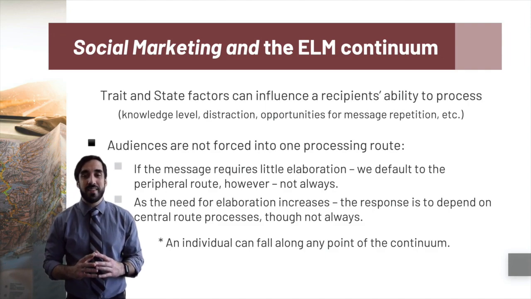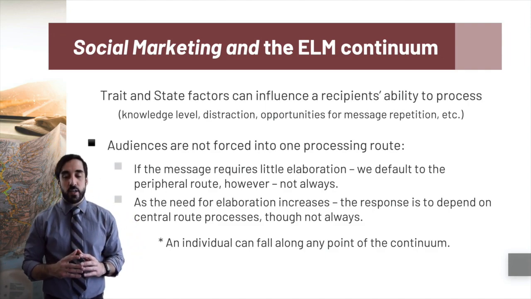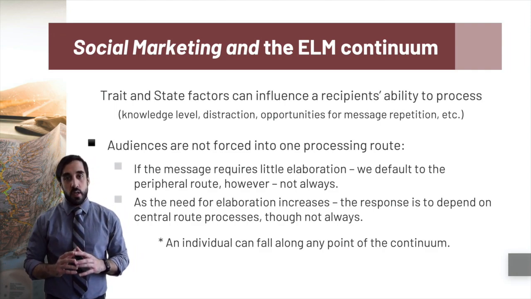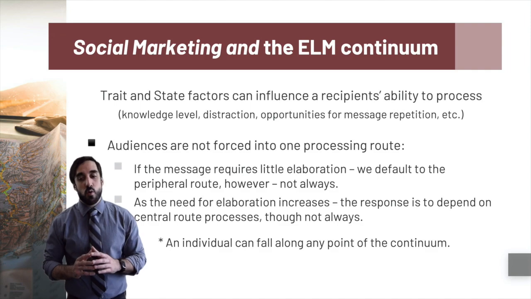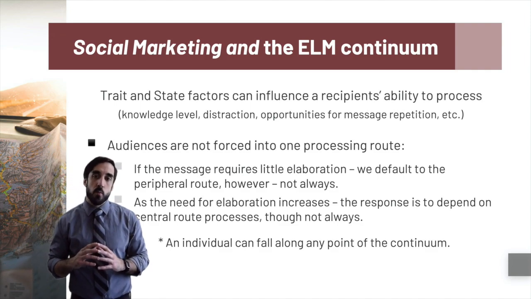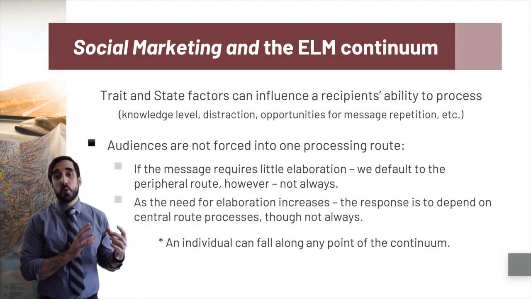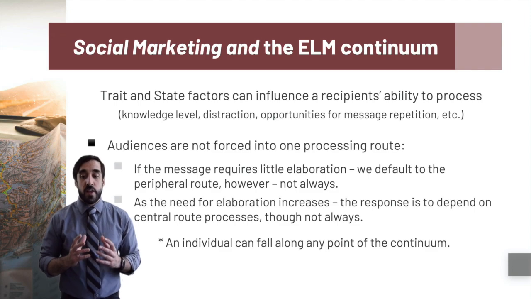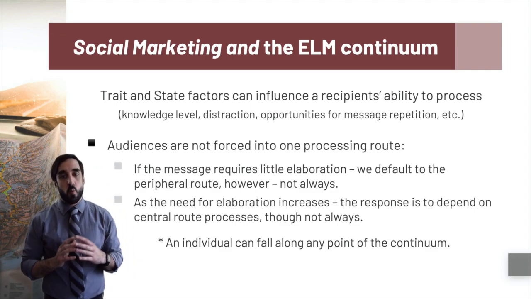And so in this sense, we can think about the way that trait and state factors both influence audience's ability to process a message. If you're in the audience demographic who has collective experience with this, or otherwise has opportunities for knowing more about this message, or if you're in the particular trait factors of experiences that want to listen to this, then we can form certain messages that might work for you.